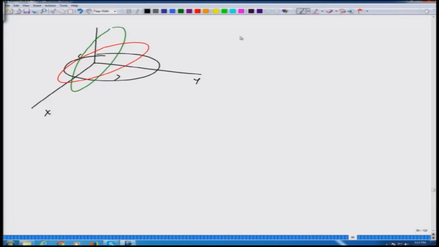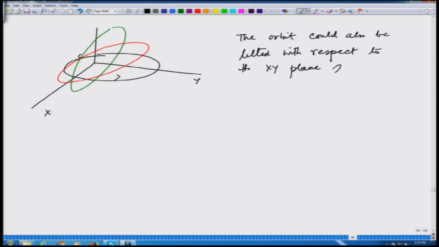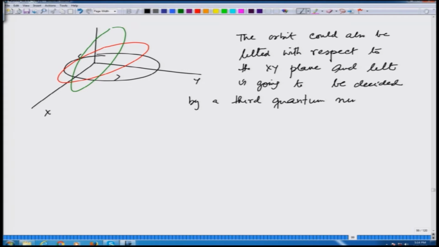So, the possibility we are considering is that the orbit could also be tilted with respect to the xy plane, and that tilt is going to be decided by a third quantum number.